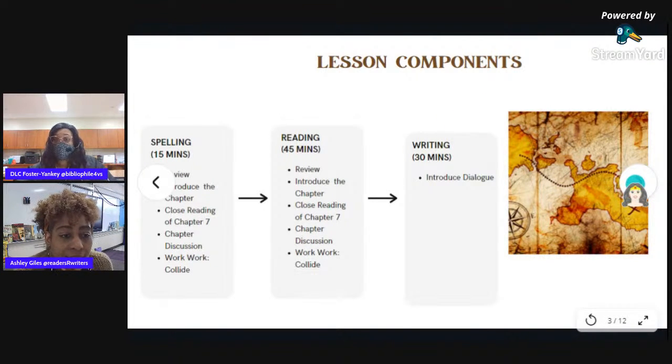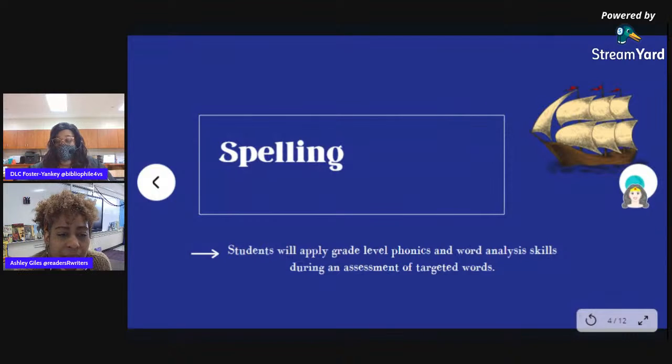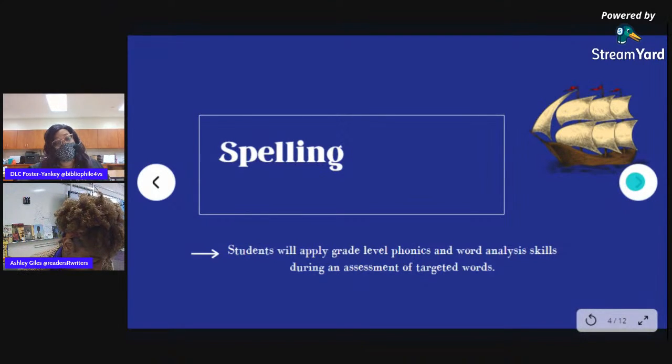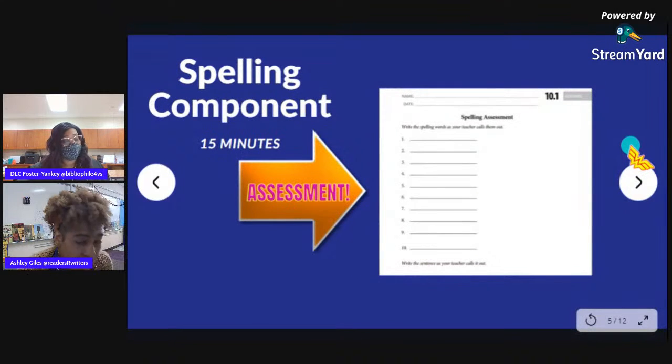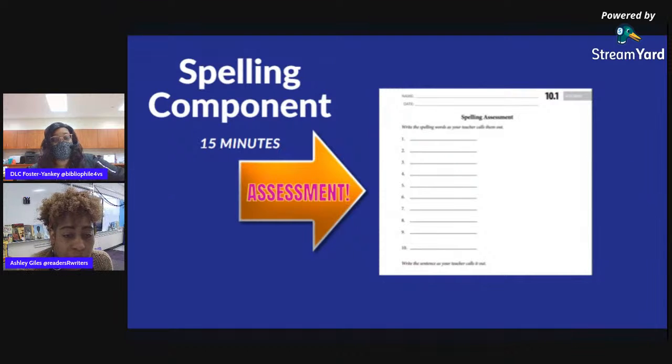All right. So for spelling, like we said before, students will apply grade level phonics and word analysis skills during an assessment of targeted words. Basically, the words they've been writing sentences for and putting into ABC order, they are now going to take an assessment. This is Activity Page 10.1, where students record their answers.